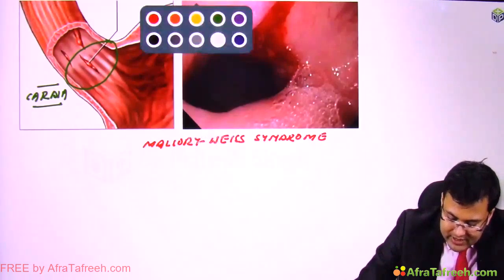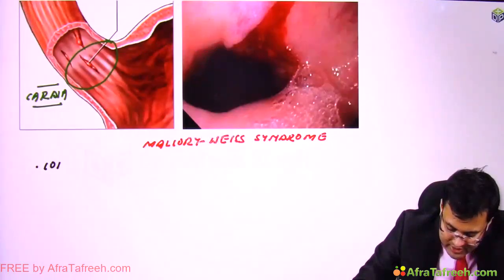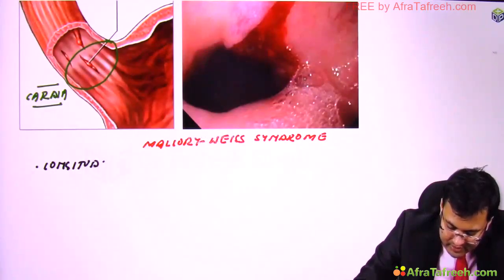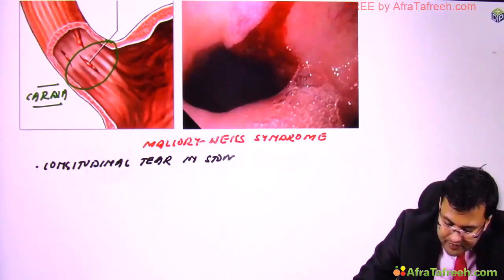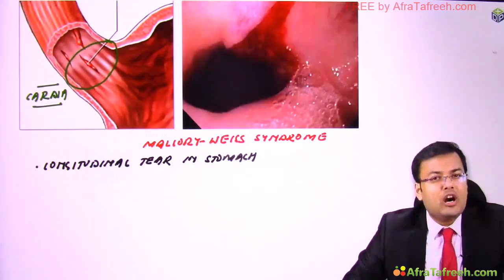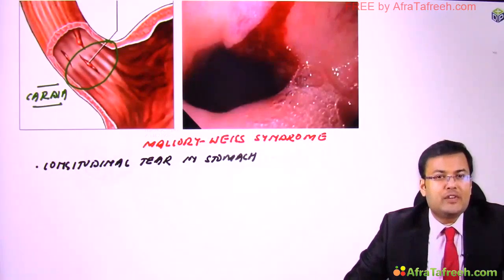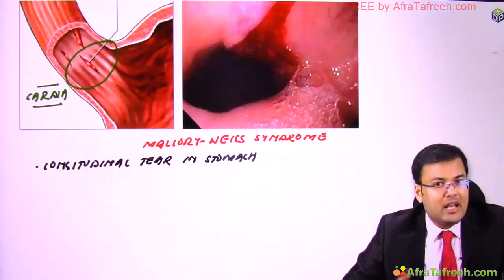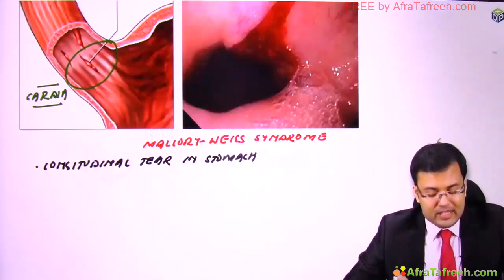First question is the longitudinal tear. You can see it is the longitudinal tear in stomach. Be careful, in esophagus we discussed the longitudinal tear is the Boerhaave syndrome, and that is a complete tear. This is a partial tear.